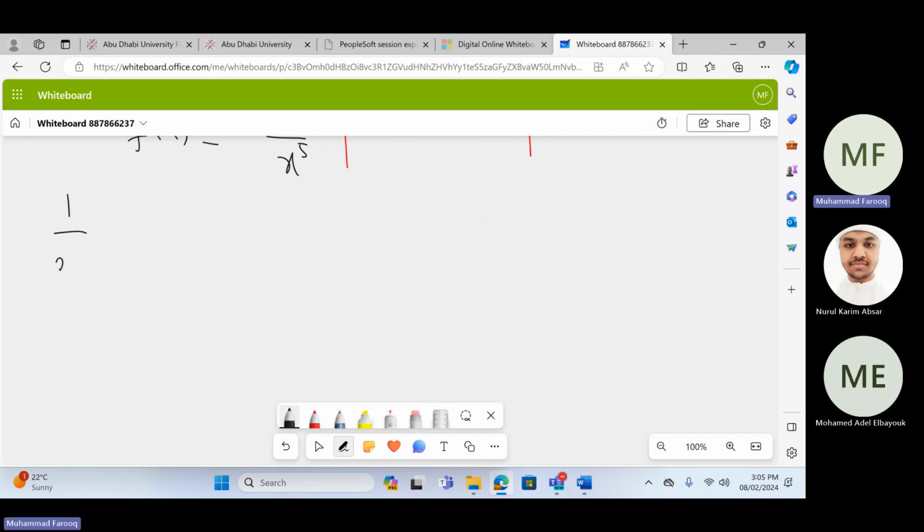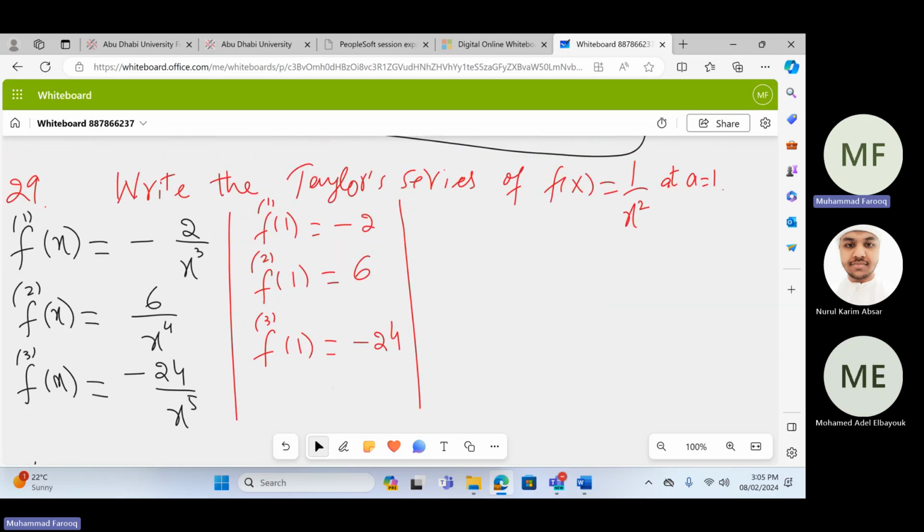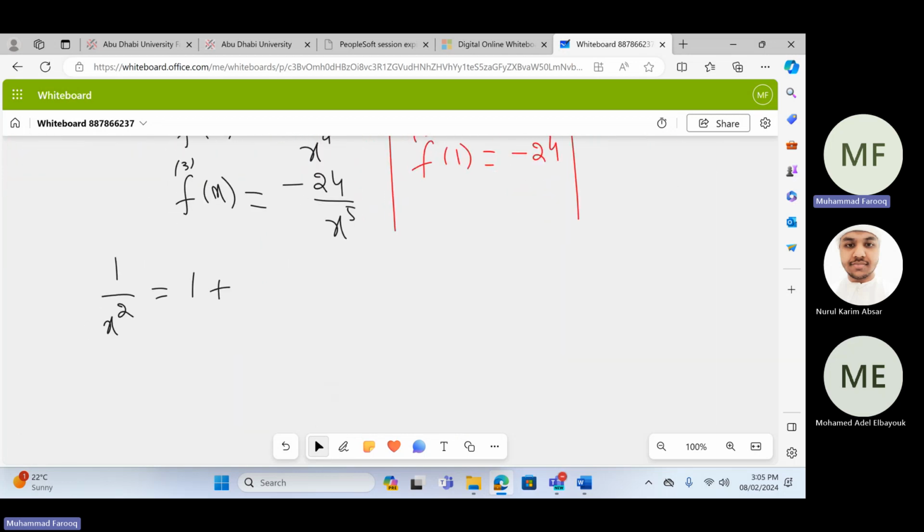So 1 by x squared is equal to, as per the Taylor series, for the first value, substitute f of a. So f of 1 is how much? 1. Very good. Plus the first derivative at 1, how much? Negative, it's not plus, it is negative 2. So first derivative at a times (x minus a) power 1 divided by 1 factorial.